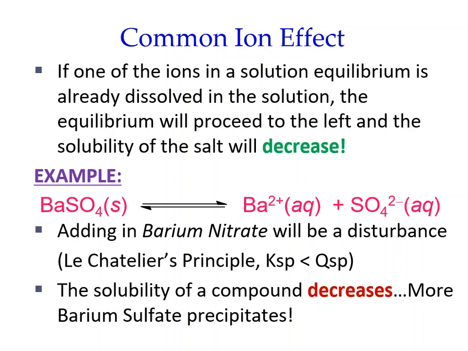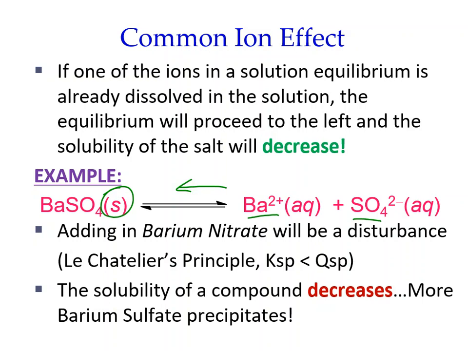So the common ion effect always affects the molar solubility by decreasing it. Why? Because, say for instance, in this example, the barium or the sulfate, if you add either one in, it shifts left towards the precipitate or the solid, therefore decreasing. Le Chatelier's principle will tell you it decreases the molar solubility.